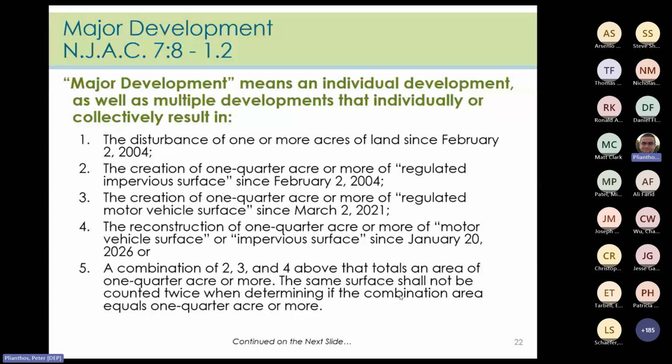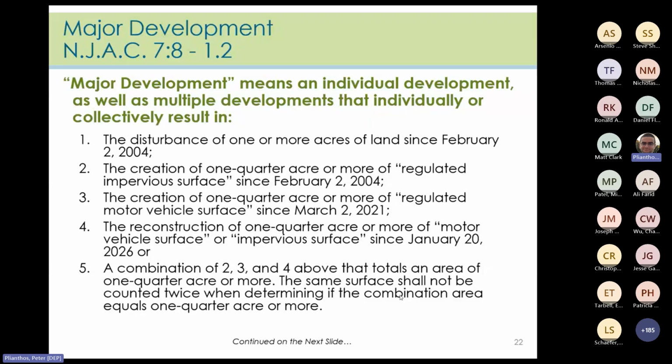Major development means an individual development, as well as multiple developments that individually or collectively result in 1, the disturbance of one or more acres of land since February 2nd, 2004. 2, the creation of 1/4 acre or more of regulated impervious surface since February 2nd, 2004. 3, the creation of 1/4 acre or more of regulated motor vehicle surface since March 2nd, 2021. 4, the reconstruction of 1/4 acre or more of motor vehicle surface or impervious surface since January 20th, 2026.